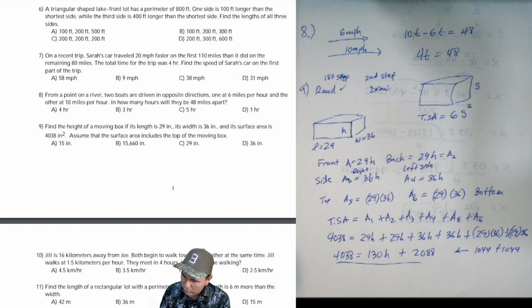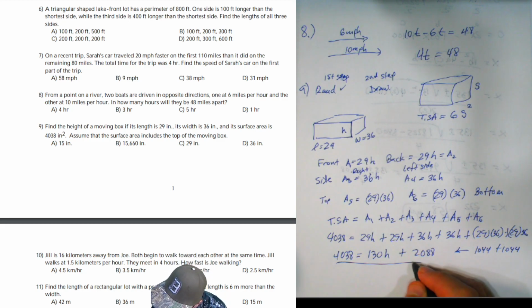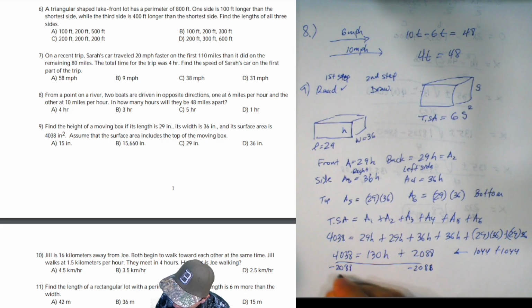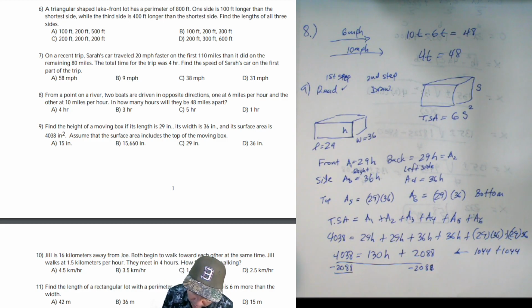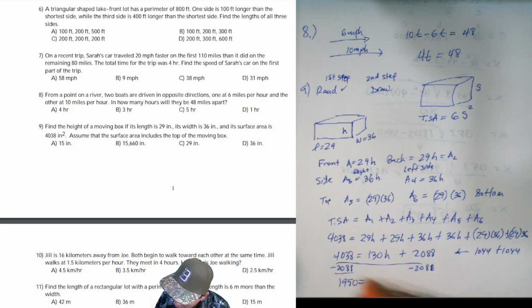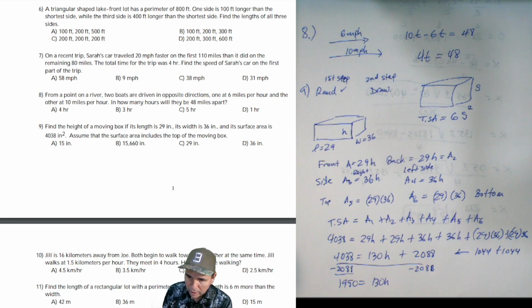All right, then what do we do? We subtract 2088 from both sides. So 4,038 minus 2,088 is going to be 1950 equals 130h. And so the very last step is just going to be dividing both sides by 130.